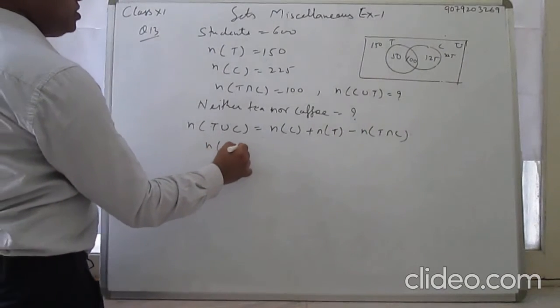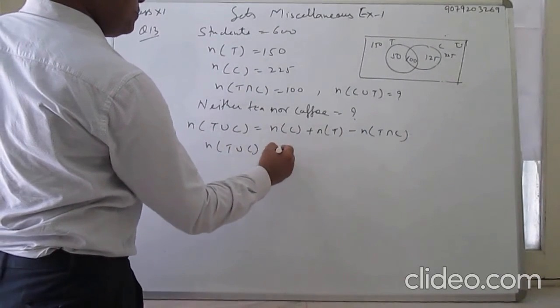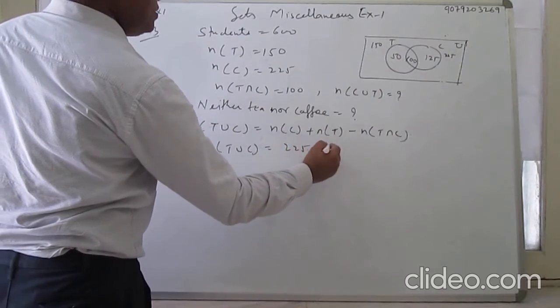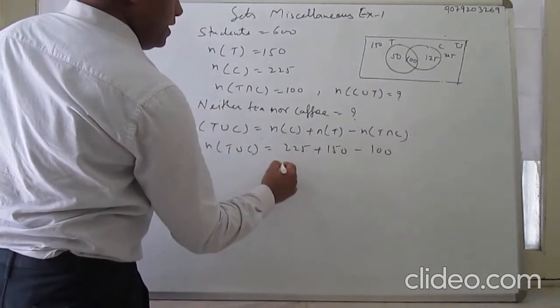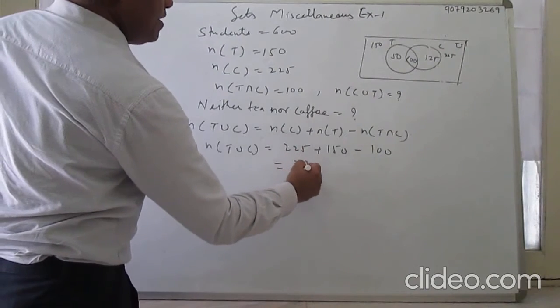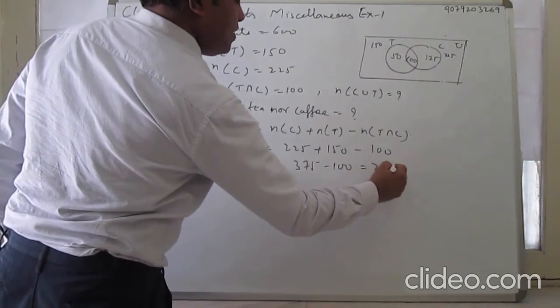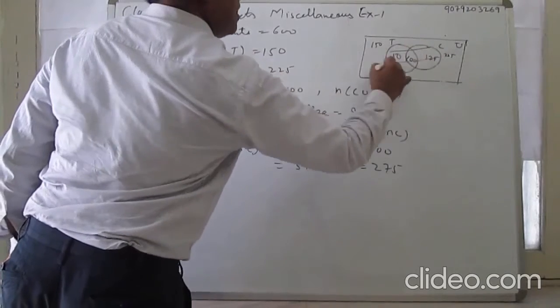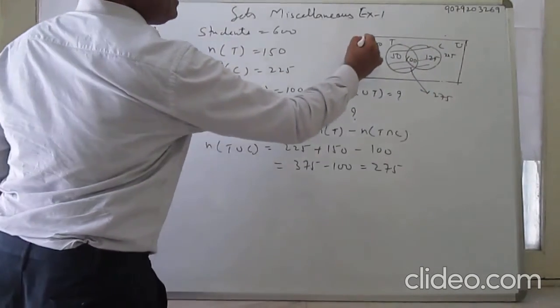C is 225 plus T 150 minus 100. It is 375 minus 100 is equal to 275. You can also see this in the Venn diagram. It comes 275 and this is 600.